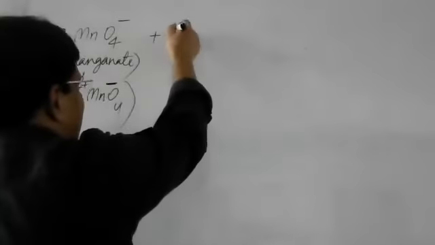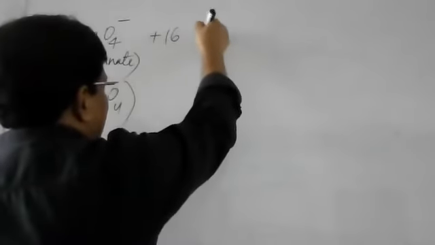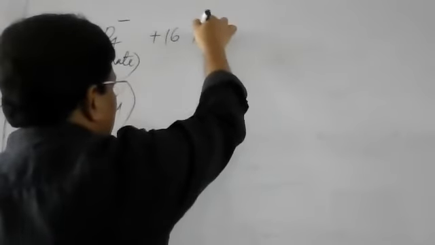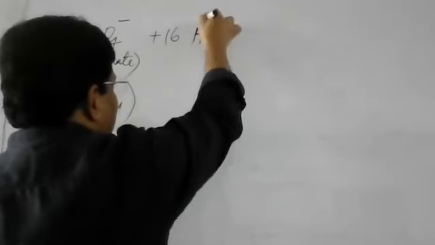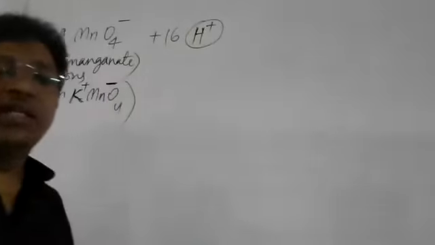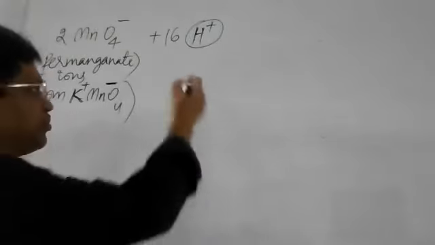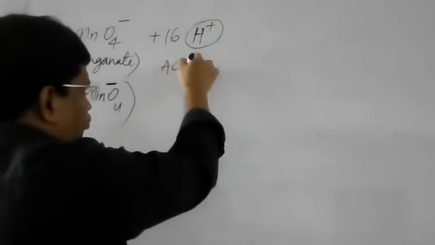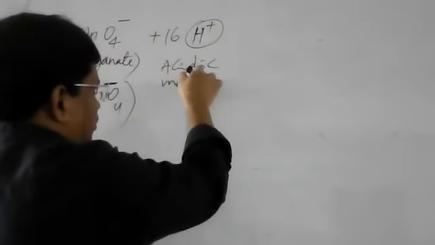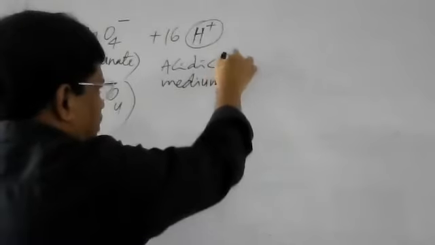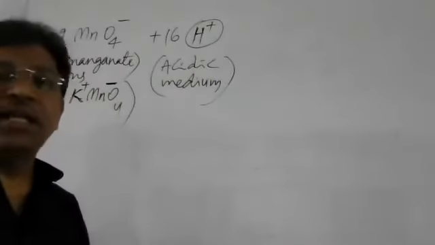Next, plus 16 H plus ions. Now H plus ions represent acidic medium or basic medium? H plus ions here represent acidic medium.